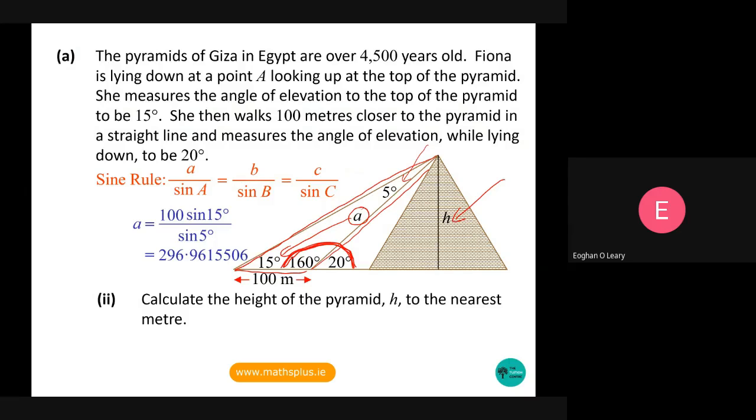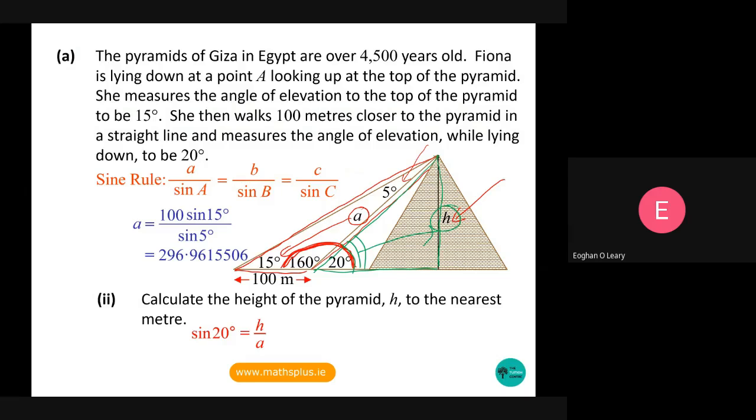I have A to be 296.96. I want to calculate the height of the pyramid. So what am I going to say in this next triangle? Let me just use a different color pen here. So in my right angle triangle, I now have the hypotenuse. I have my angle down here. So I can say, well, I know I'm looking for H, so that's the opposite.